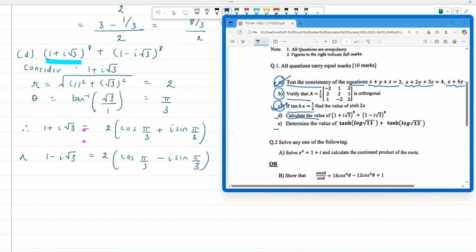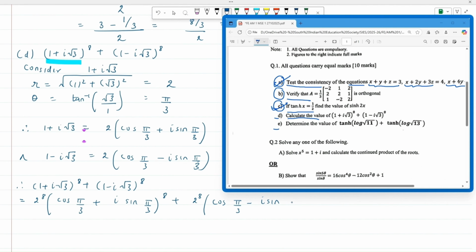Now we'll move on further towards developing the given expression. So therefore, (1 plus i root 3) to the 8th power plus (1 minus i root 3) to the 8th power can be written as 2 raised to 8 times (cos pi by 3 plus i times sine of pi by 3) raised to 8, plus again 2 to the power 8 times (cos pi by 3 minus i sine of pi by 3) raised to 8.